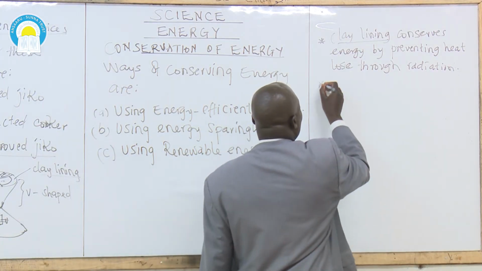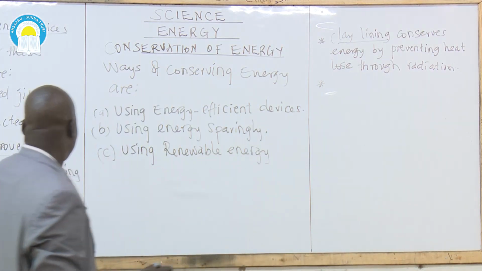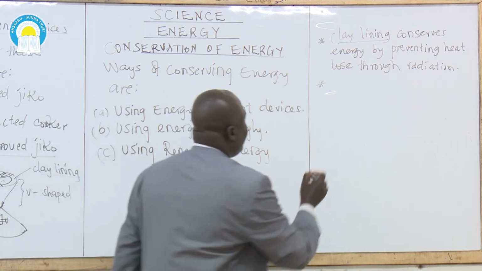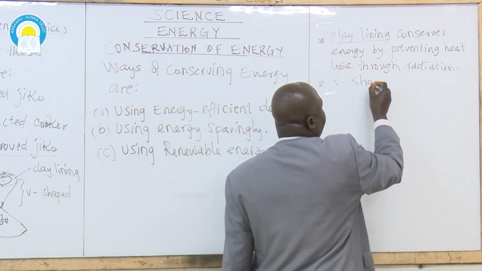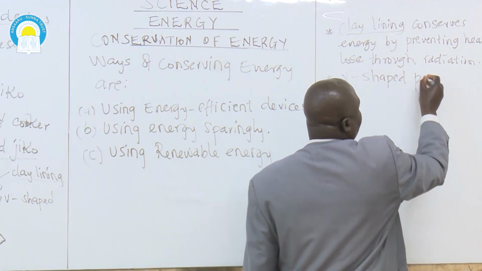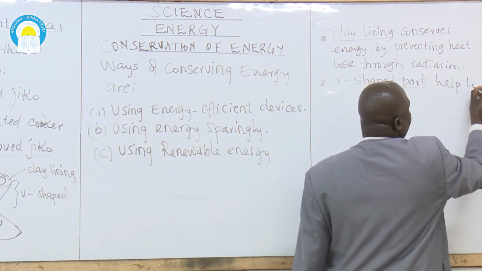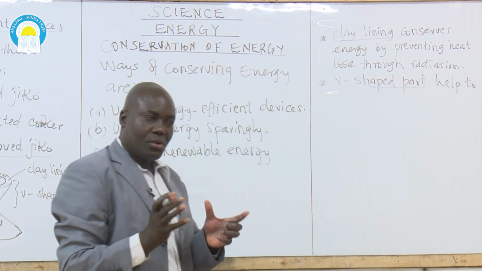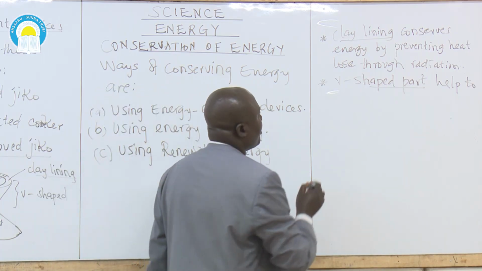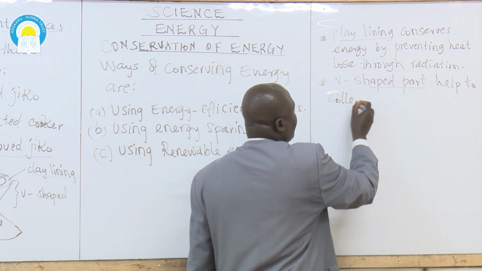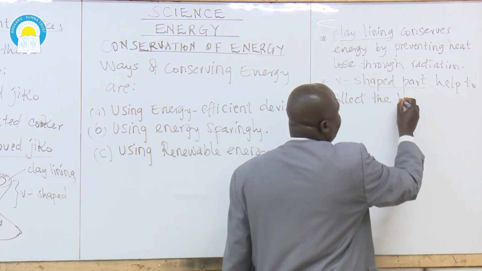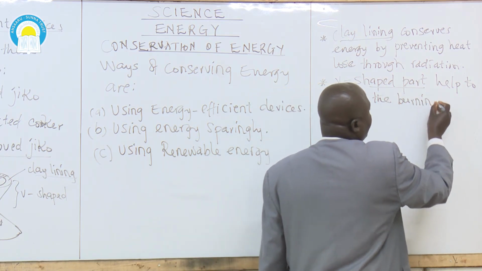Number two, the V-shaped part helps to collect the burning charcoal together.